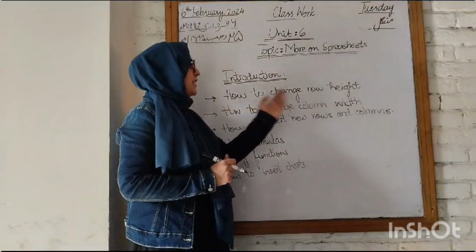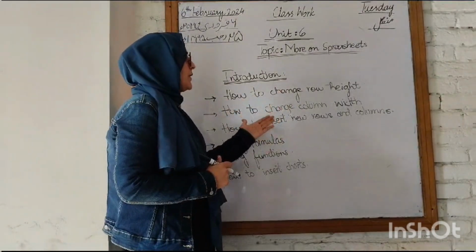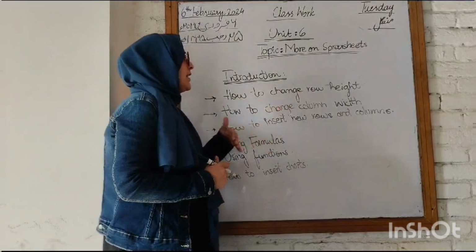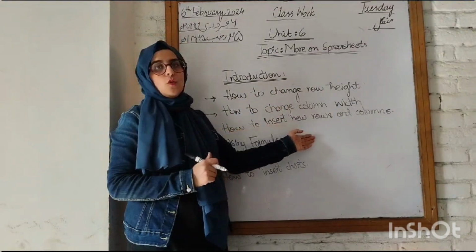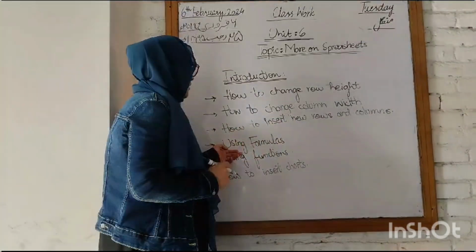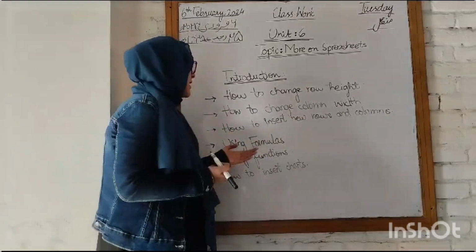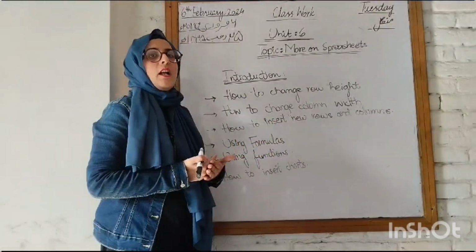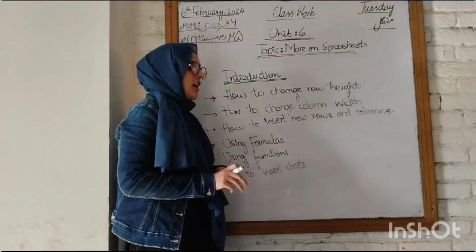How we are going to change row height, how to change column width, what do you mean by column width, what do you mean by row height. I am going to tell it to you later. How to insert new rows and columns. What is the formula, how we are going to use the formulas, what are the functions, how we are going to use functions in spreadsheets, and how to insert charts.